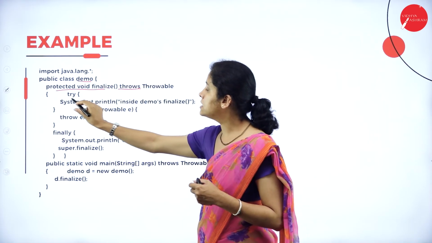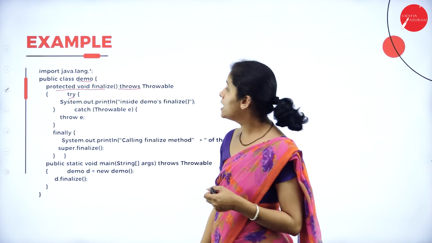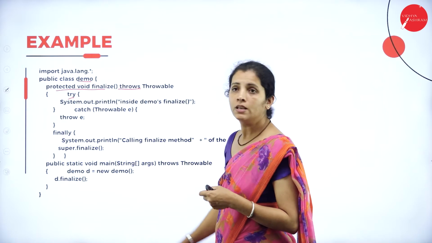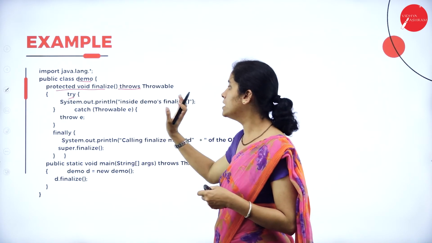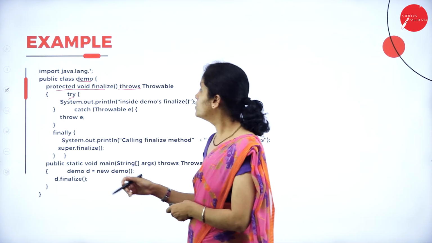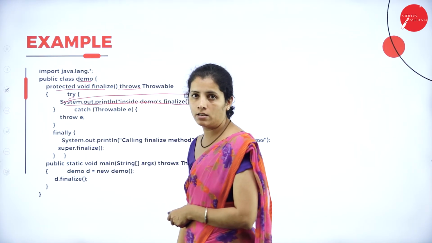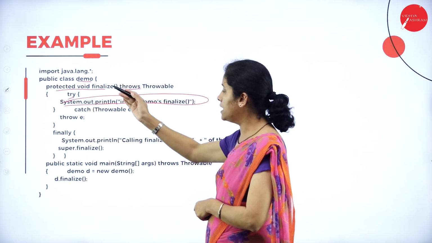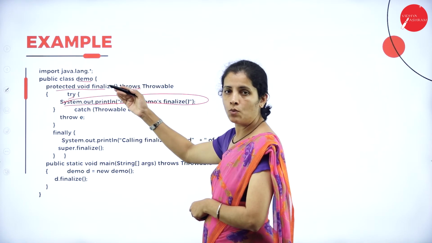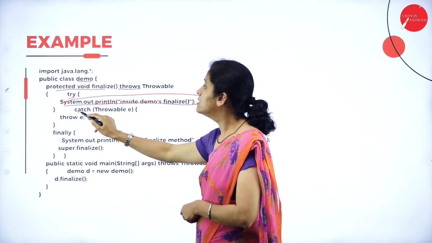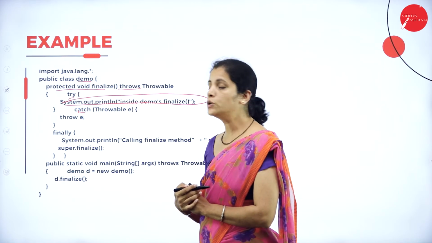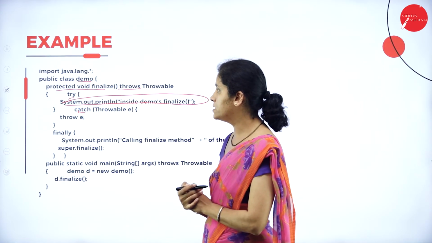Inside this, I have try. Here, I'm going to write the statement which is going to generate an error. Suppose it generates some error, what's going to happen? This catch block is going to handle the exception.